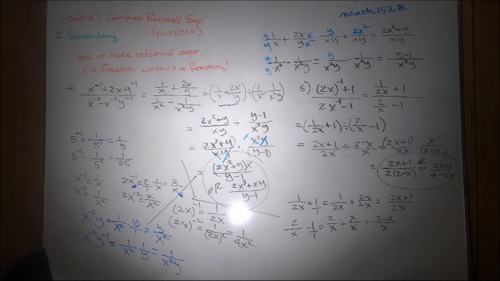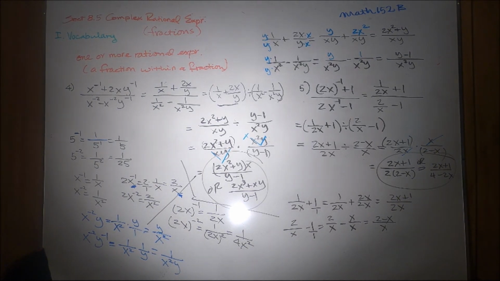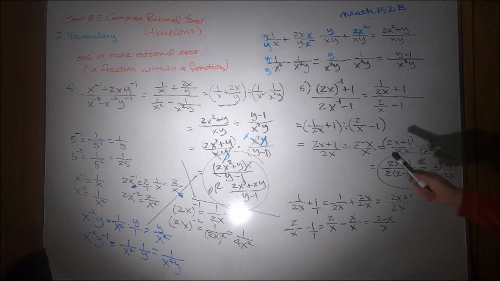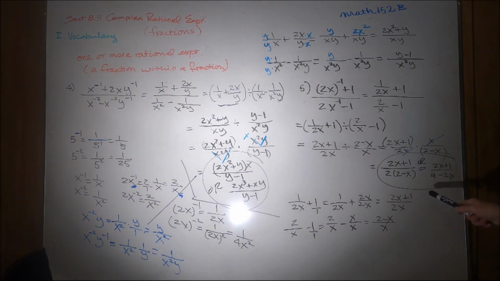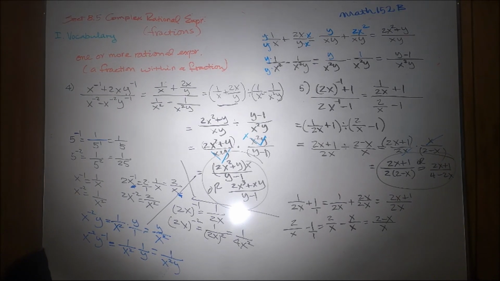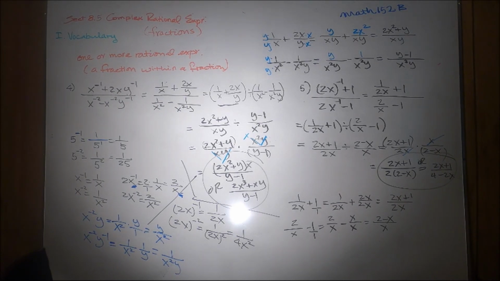Okay, so are we good on complex rational expressions? To simplify them, right? It was kind of complicated. Then we simplify them to be what? Just a single fraction as an answer. So that would be our section 8.5.